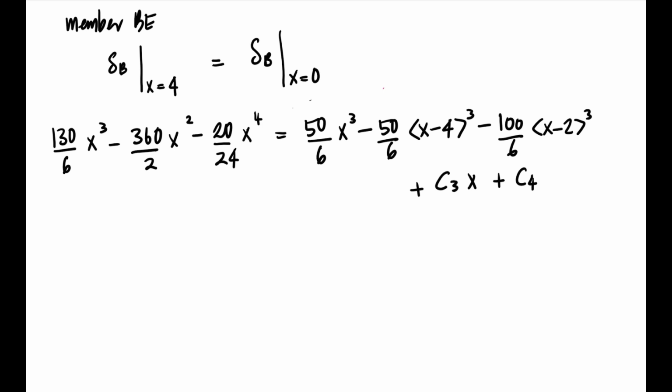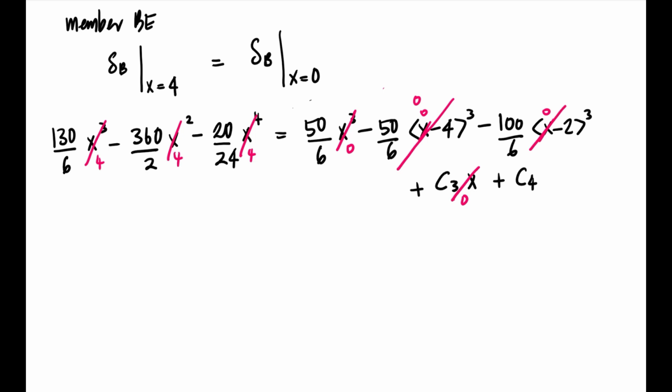So I substitute. In this case we have x equals 4 on the left side, and on the right side x is 0. Here x minus 4 is 0 minus 4, which is negative 4, so we eliminate it based on the Macaulay method, it is equal to 0.